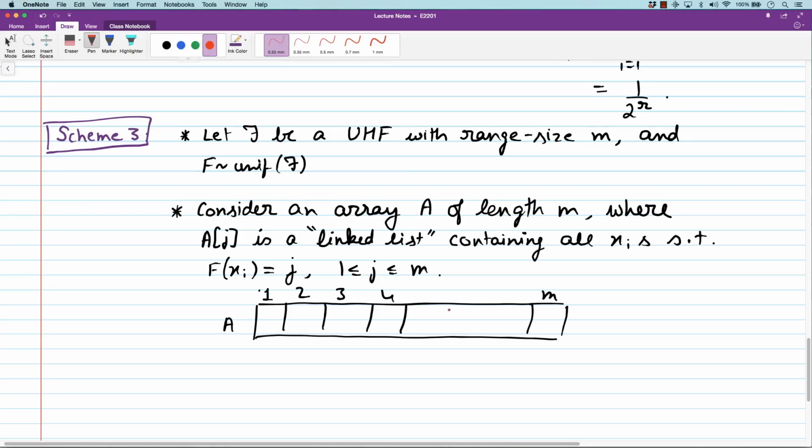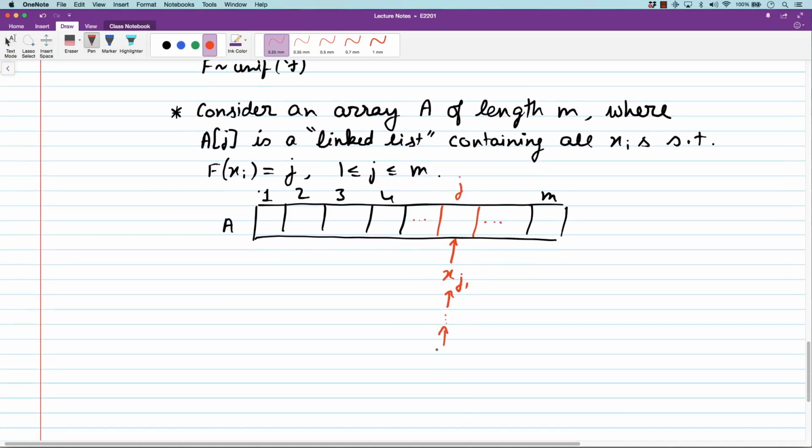And in this jth entry, you keep adding all the tokens xj1, xj2, and so on, some total number n, such that they are all stored in this location, and all of them satisfy f of xi equals j.